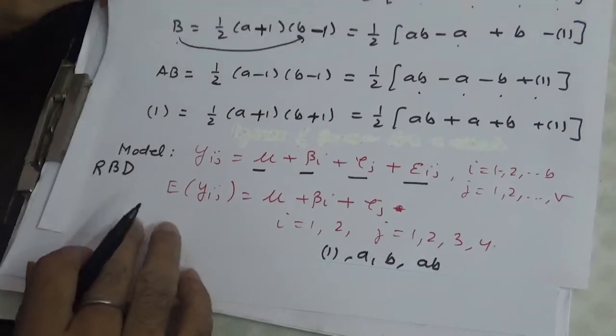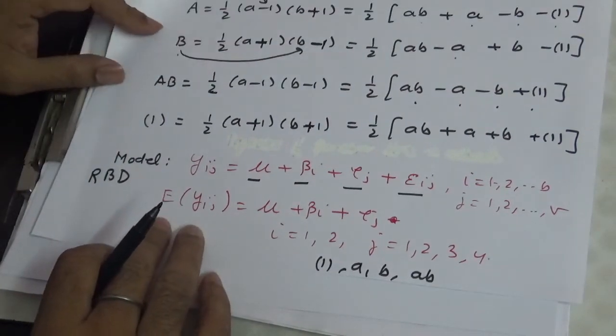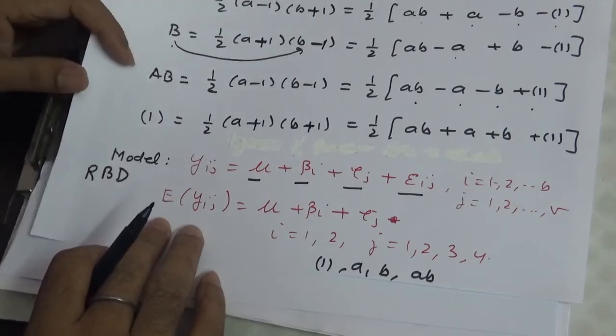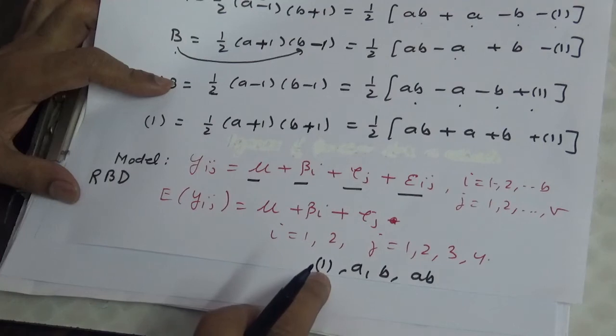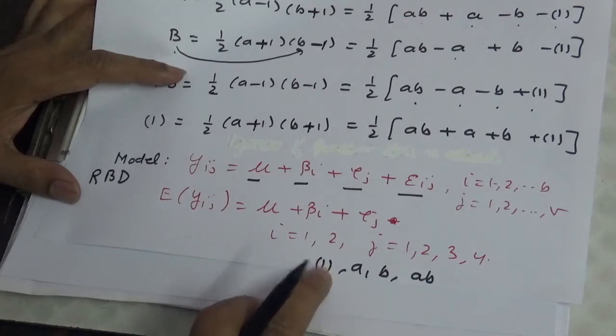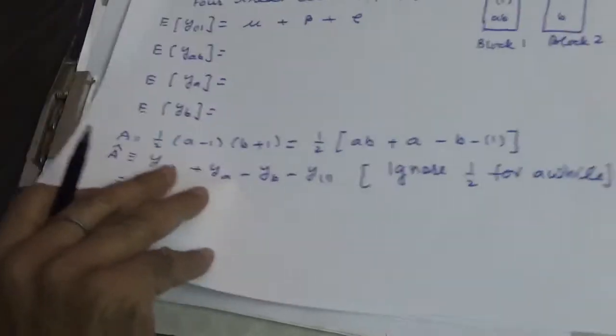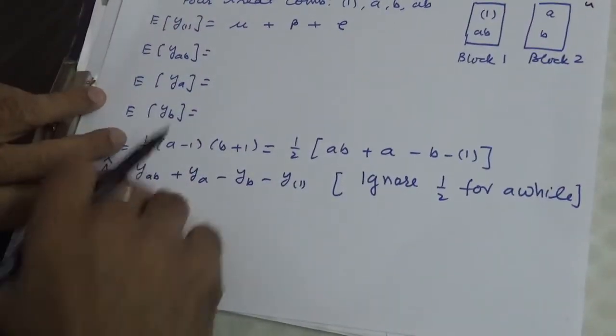So now let us try to assign 2 treatment combinations in the blocks out of 1, A, B and AB. Now there can be different choices.